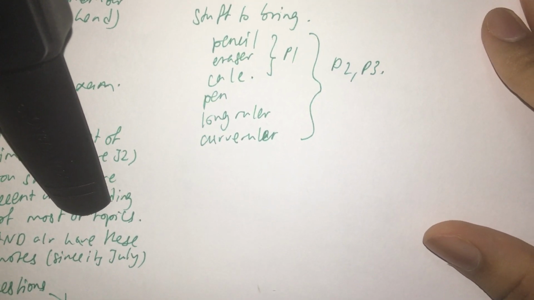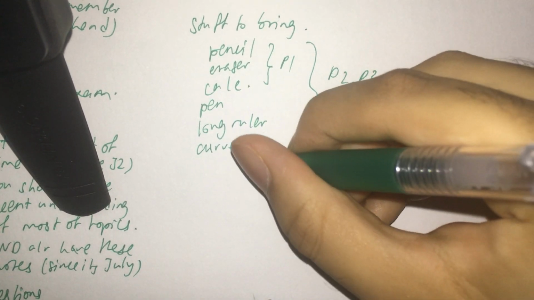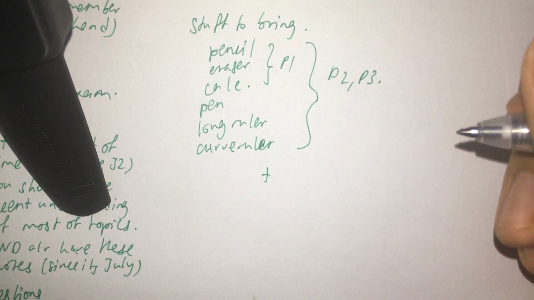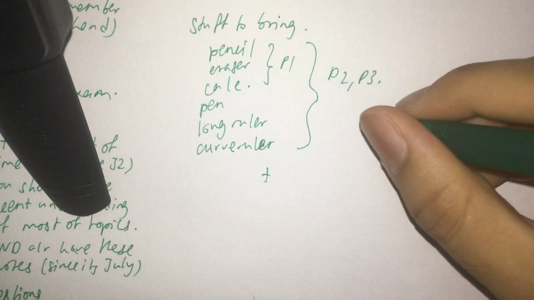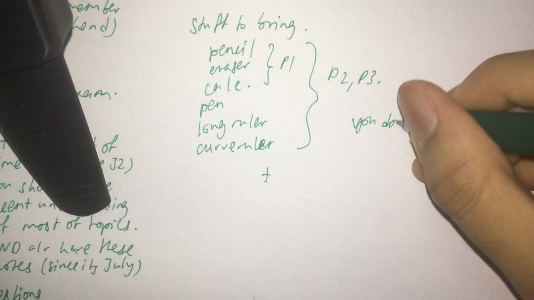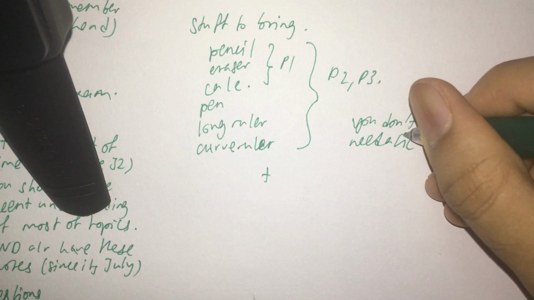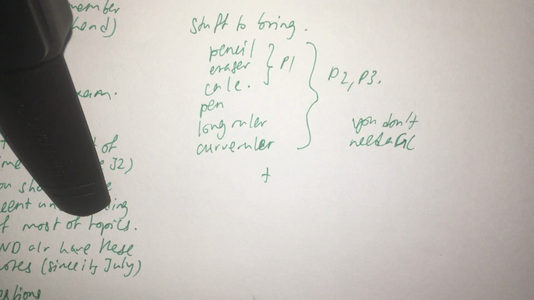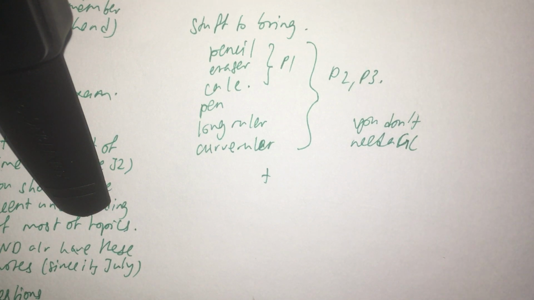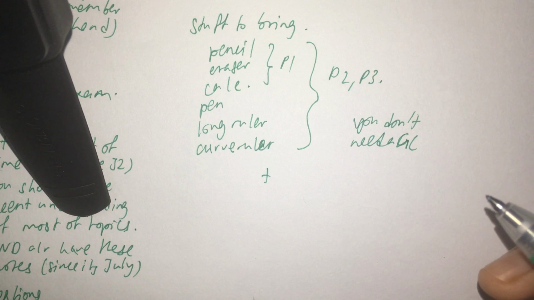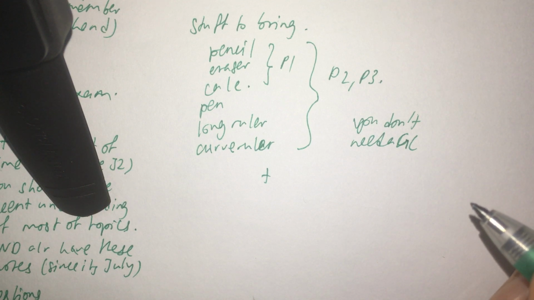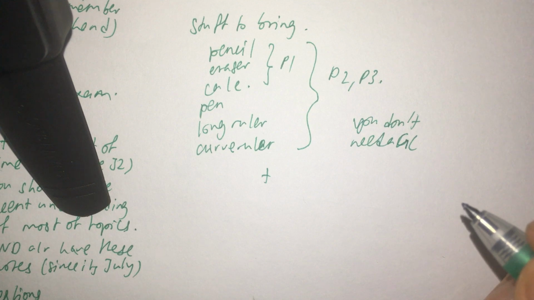I don't think you need to bring a GC because you don't really need it. Your scientific calculator is enough, but if you really do want to bring your GC, then go ahead. For me, I didn't do that because my GC was a mess. I think you probably heard this enough times if you watch my videos. Anyways, that's for the stuff that you need to bring in terms of stationery.